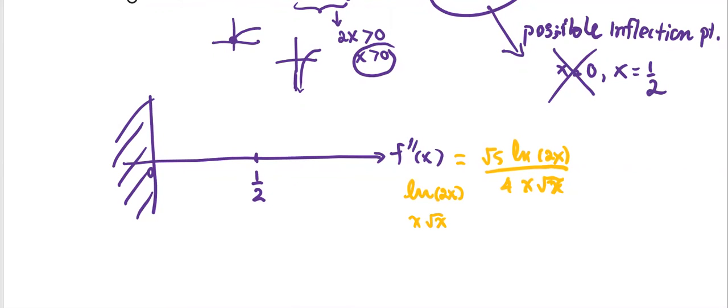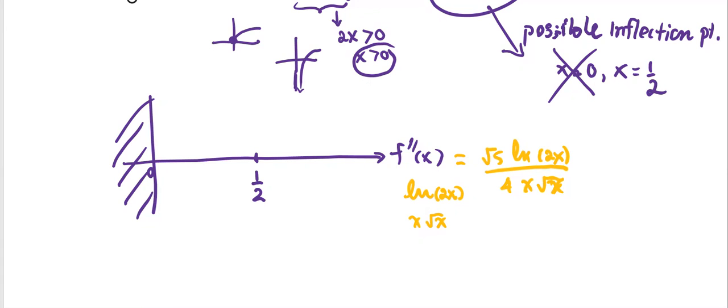Okay, the natural log of the 2x, at 1/2, the natural log of 1 is 0. For a number greater than 1/2, such as x equals 1, the natural log of 2 times 1, or the natural log 2, is greater than the value 0. You can verify using the calculator.